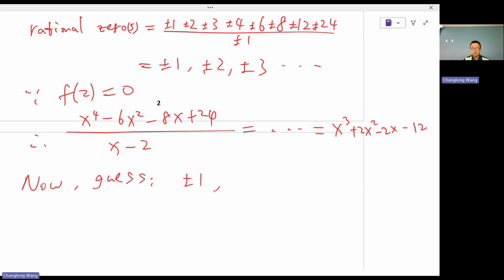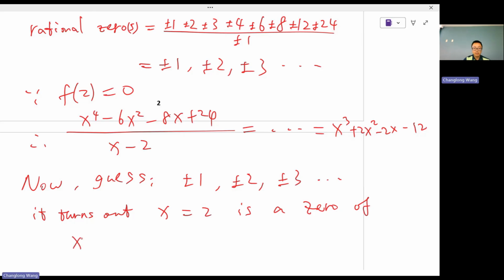Could it be plus minus 1, plus minus 2, plus minus 3? And don't jump to the 3, right? So maybe 1's going to work out. And it turns out x equals, let me see, 2, again, is a zero of the polynomial x cubed plus 2x squared minus 2x minus 12.